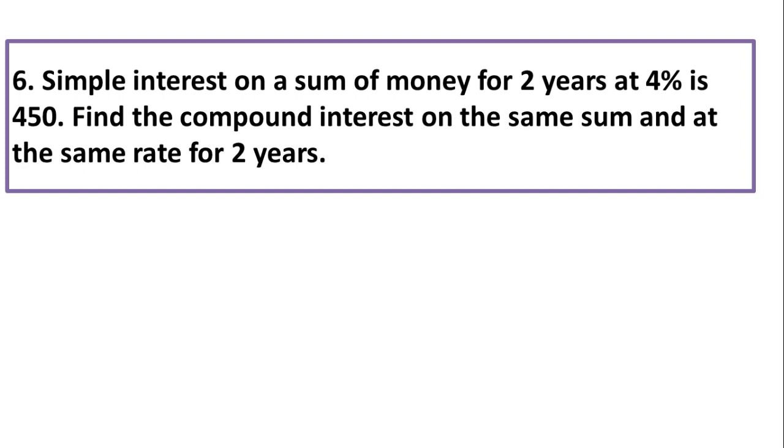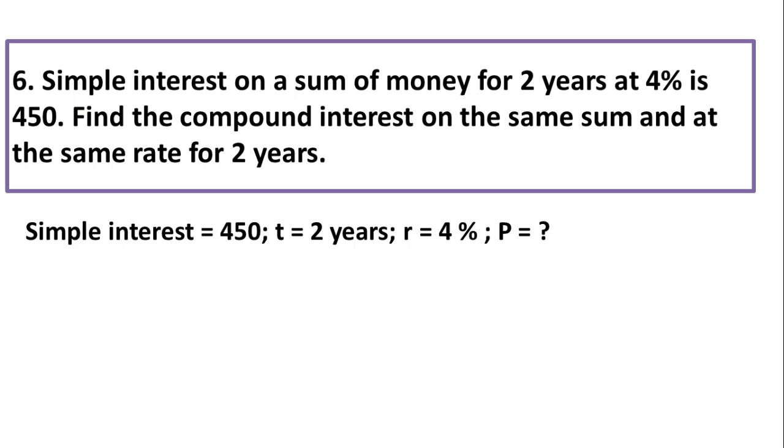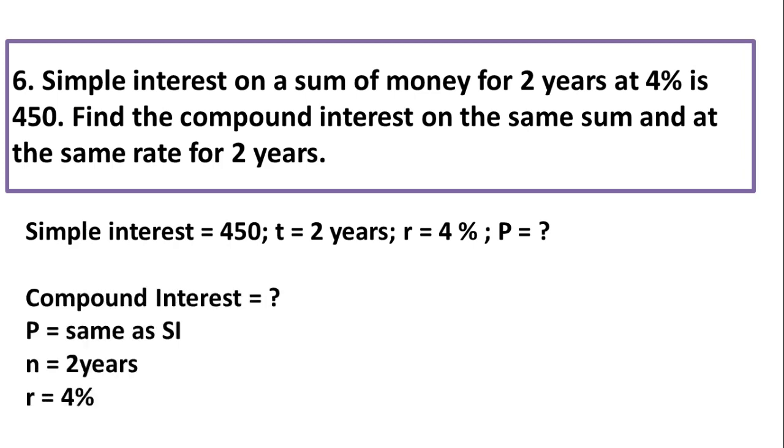In this problem, it is said that simple interest is rupees 450, the term being 2 years, and rate of interest is 4% per annum. After calculating P, the principal amount, the compound interest has to be calculated on the same sum, at the rate of interest 4%, and N, the number of years, being 2 years. Let us move on to the solution part.